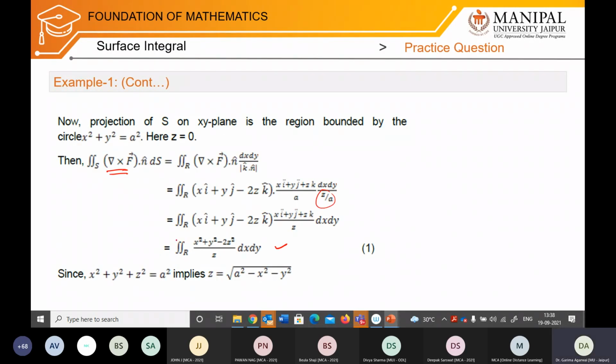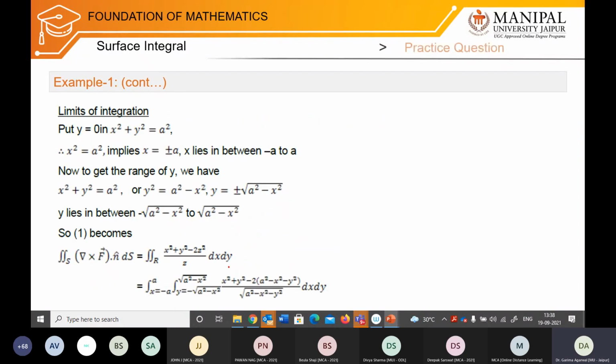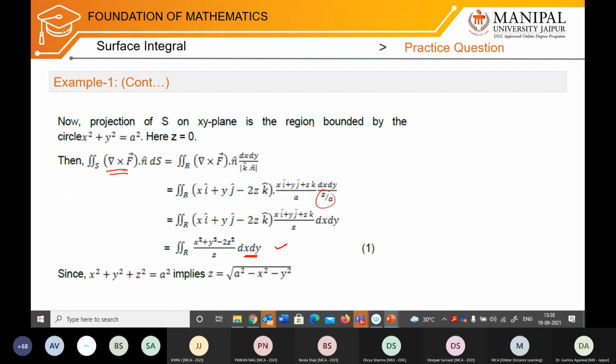We need to find the limit of this double integration. That means we need to find the limit of x and y, right? This one is our surface.